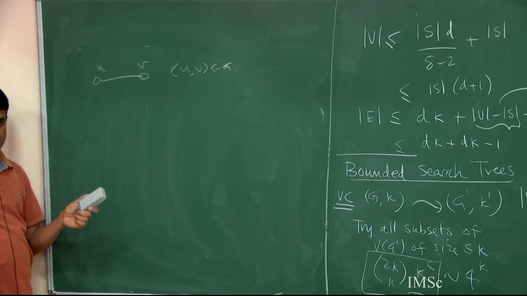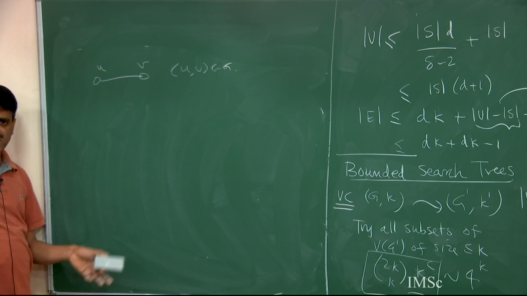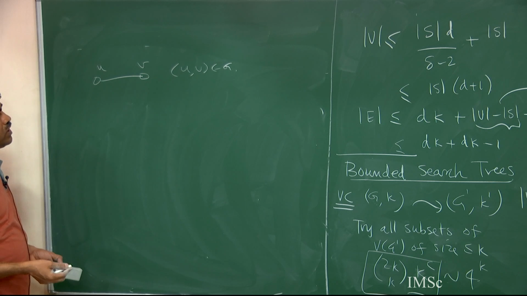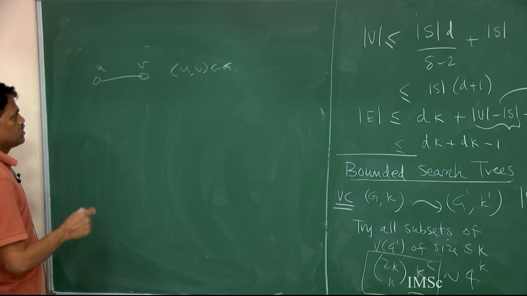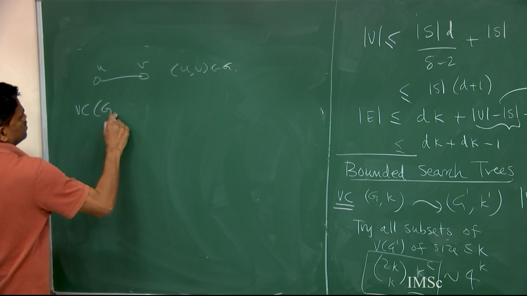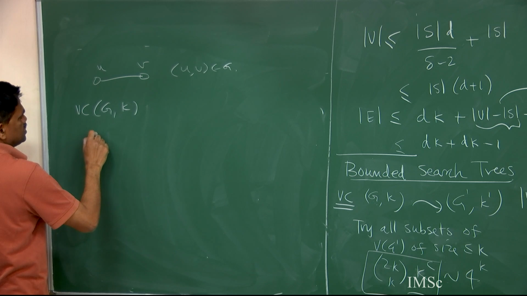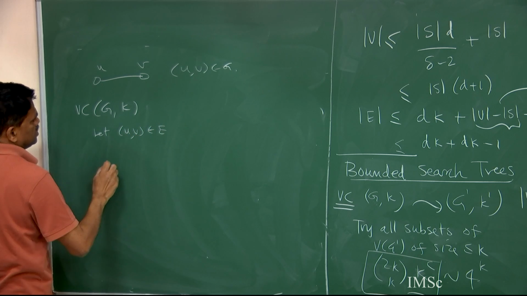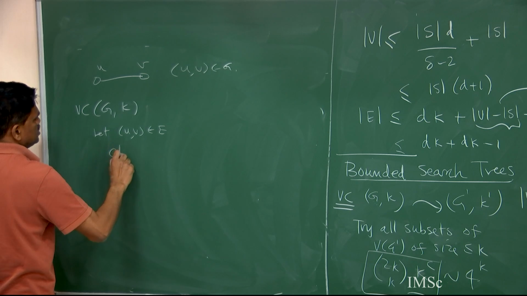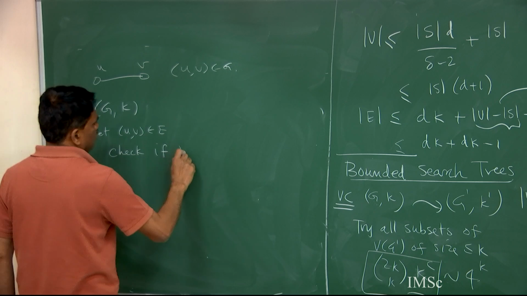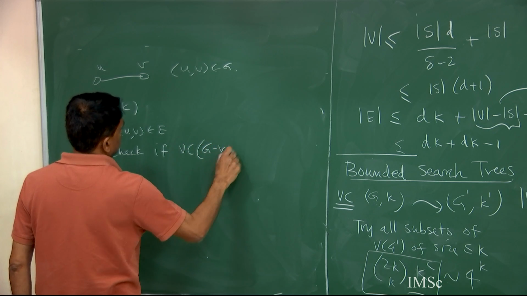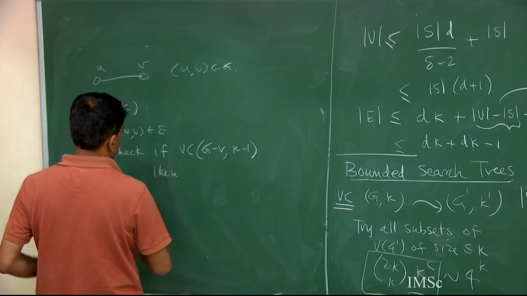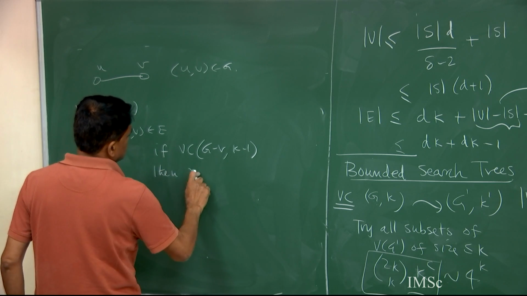We just picked one edge, and u or v must be in any k-sized vertex cover, minimum vertex cover, whatever. So try one by one. Let uv be an edge. Check if there is a vertex cover of G minus v of size k minus 1, then return yes.